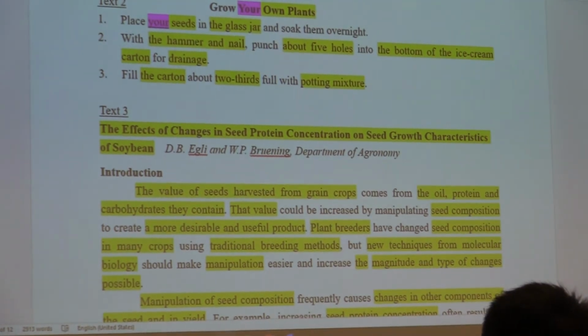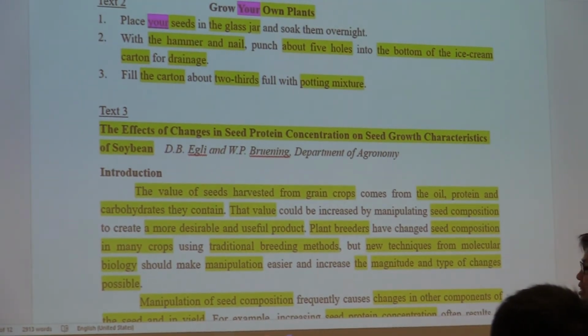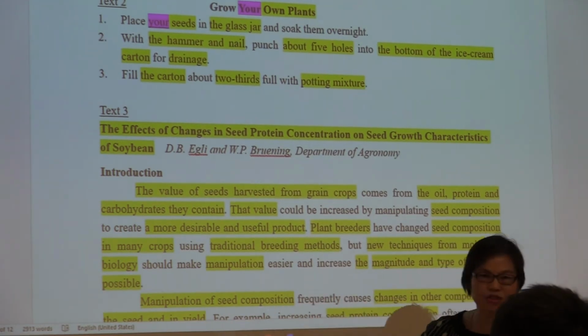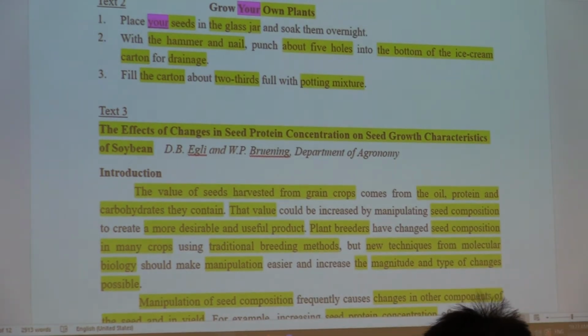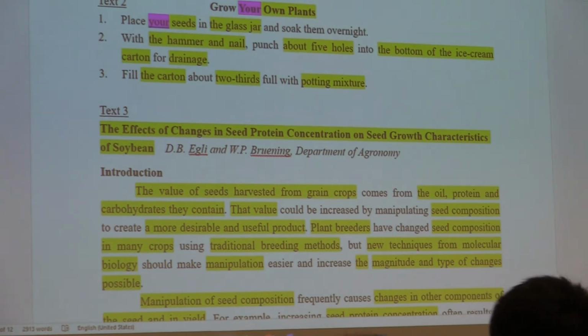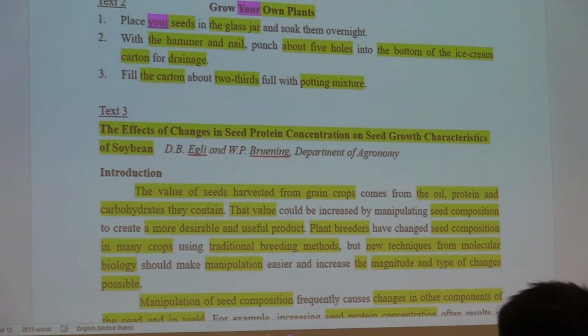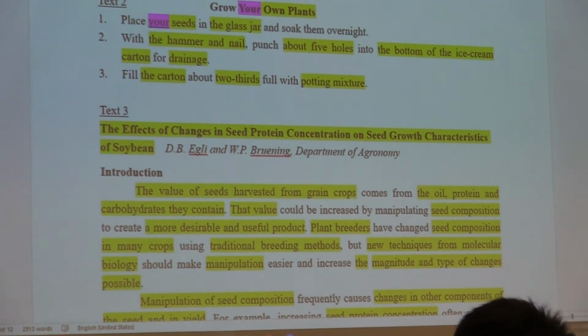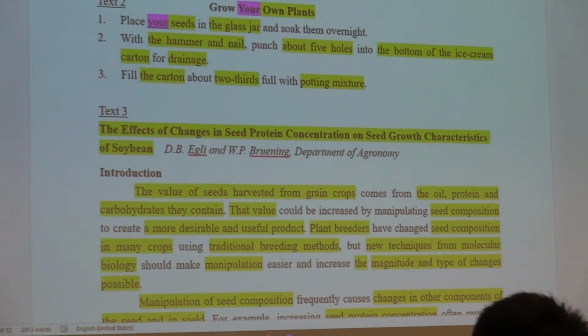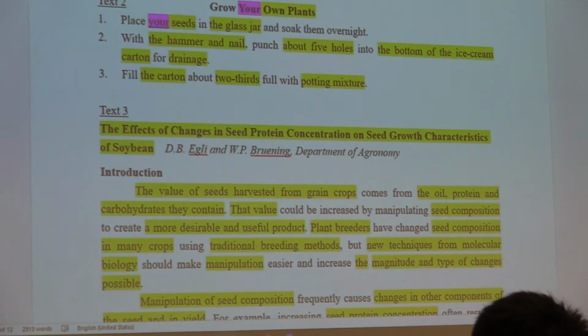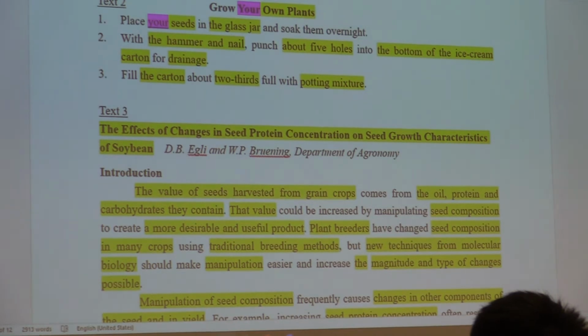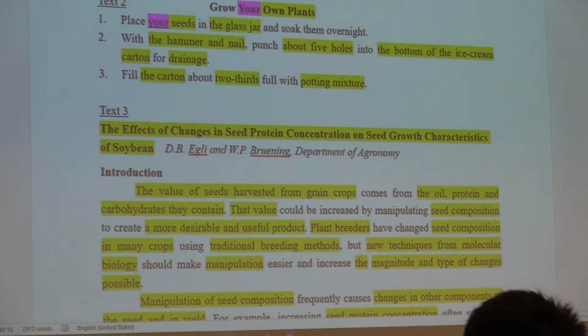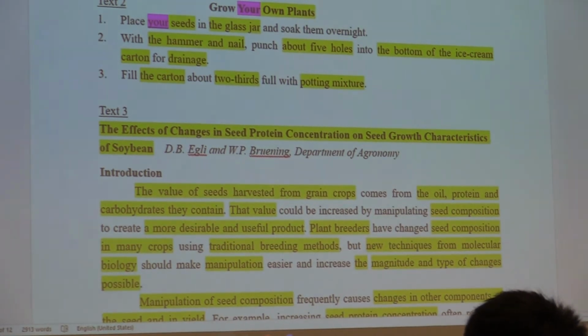So plenty of examples can be found here. Manipulation, composition, and so on. So a lot of nominalized nouns to make the writing somewhat abstract, more formal. And what else can you say, apart from using abstract nominalized nouns?